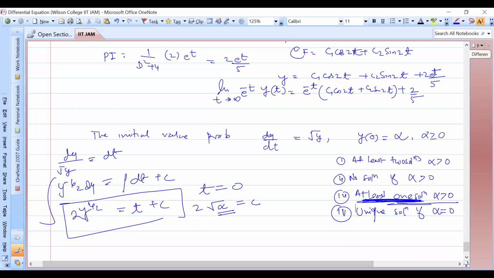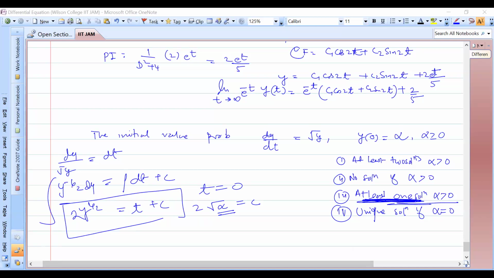So, what about orthogonal trajectory? How to define orthogonal trajectory? Sir, a curve which cuts every member of a family of curves at a right angle. Right angle. And how to derive it?